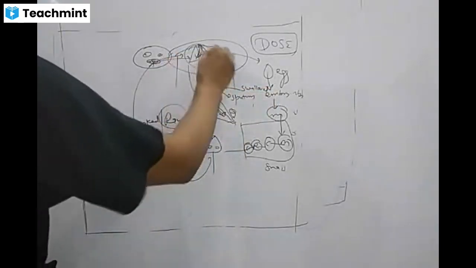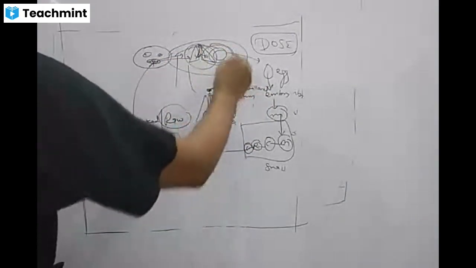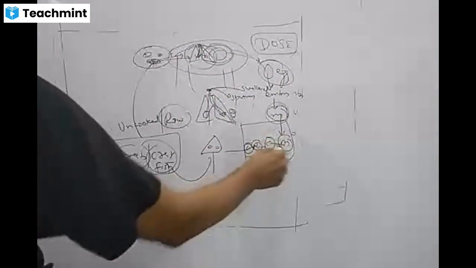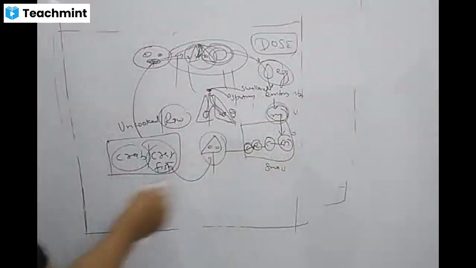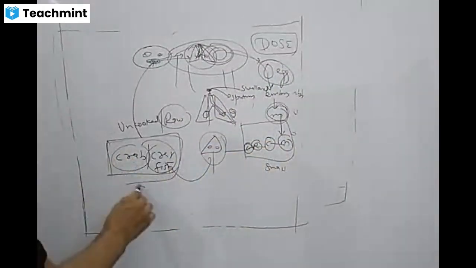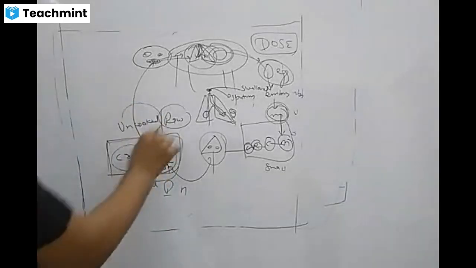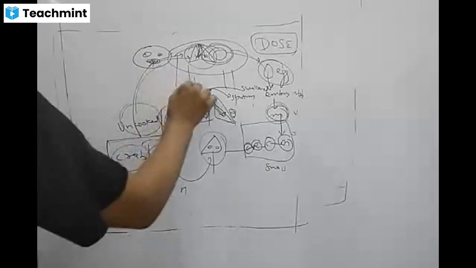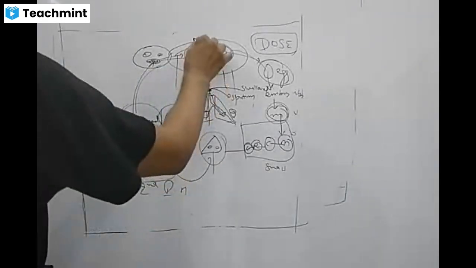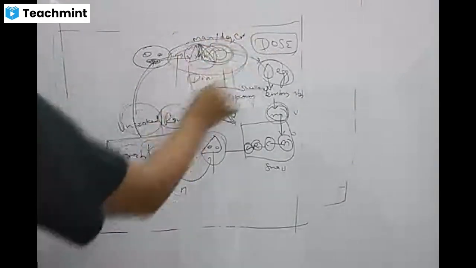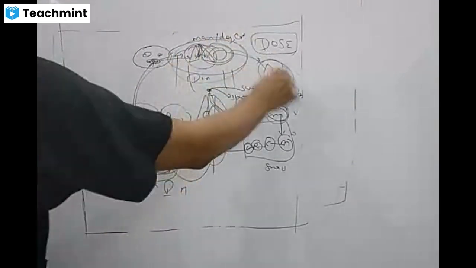Once swallowed, they will enter the intestine, then again come out as egg, Miracidia, M, C, R, Cercaria, crab or crayfish, that is your second intermediate host, then uncooked, eaten by the definitive host, that is man, dog, cat.